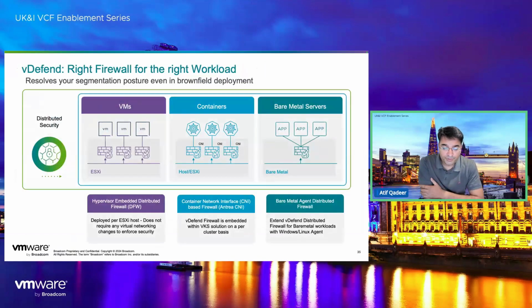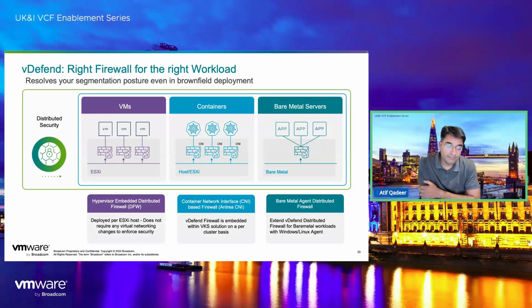We can protect virtual machines. I've explained that already. We can protect containers as well. So for that, we have our own CNI, which is Antrea, where we can actually provide pod level security, namespace level security. And then we can also provide bare metal server-based systems as well. Now, as much as I was talking about that, agent is not an amazing thing.